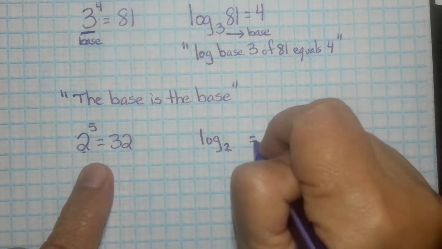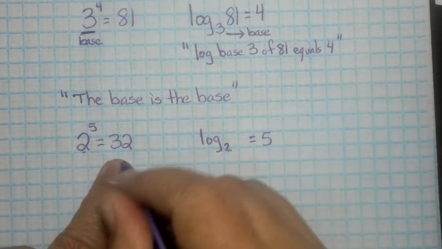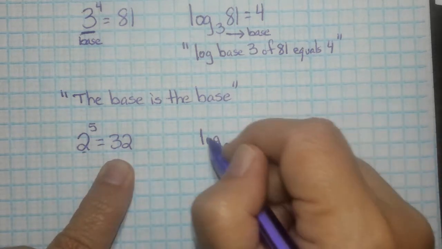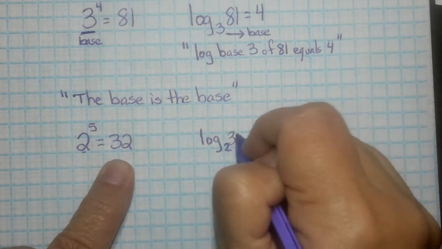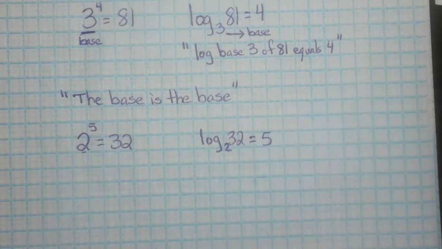So it's got to be equal to 5 instead of 32. So it's log base 2 of 32 equals 5. But if you anchor the base down, then the other ones you just plop into place, and there you have it. Make sense? Remember it from last year? Kind of, sort of, maybe?